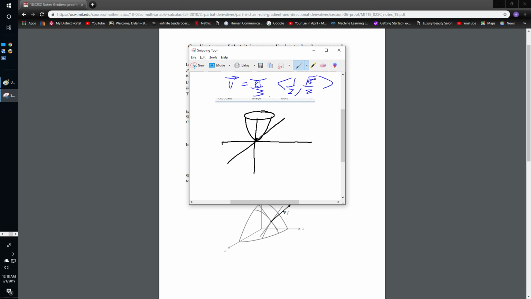Basically that's our direction of x and y. That's our change in x and y. So it's going to look something like that on the xy plane.